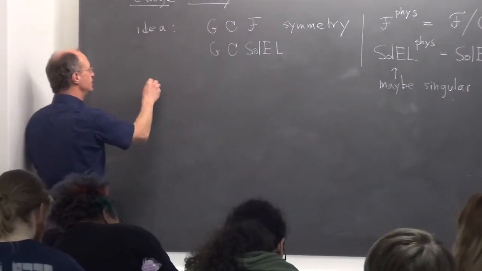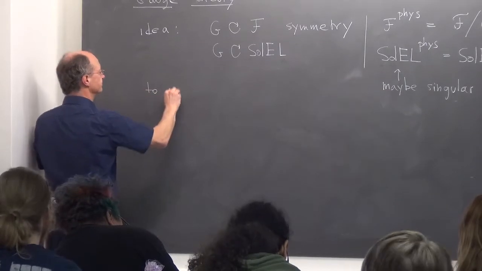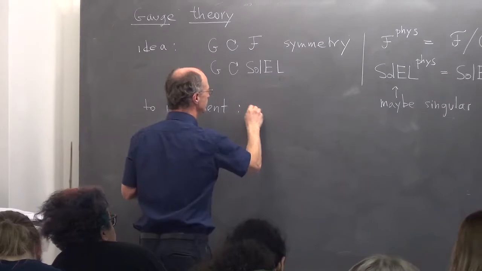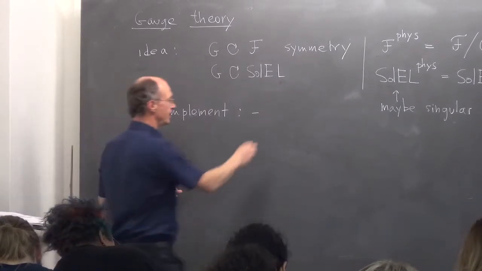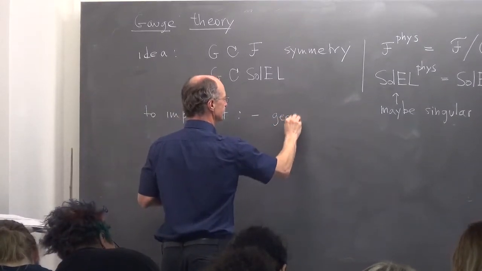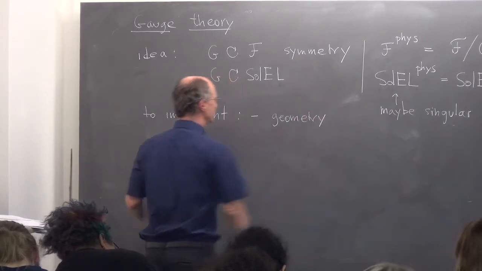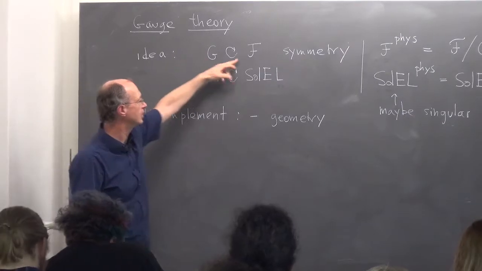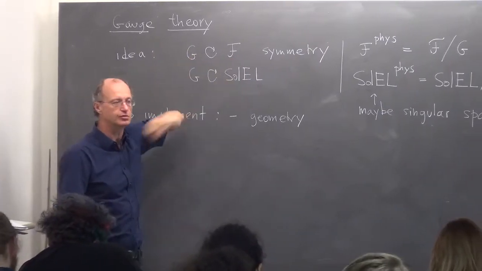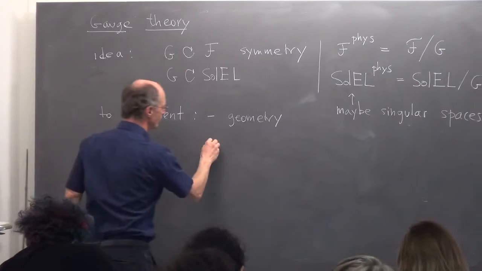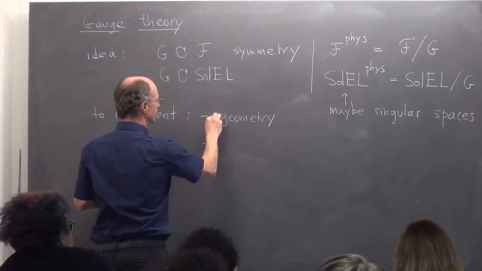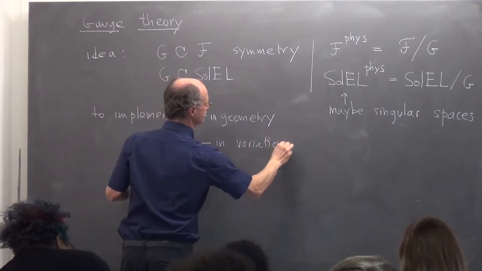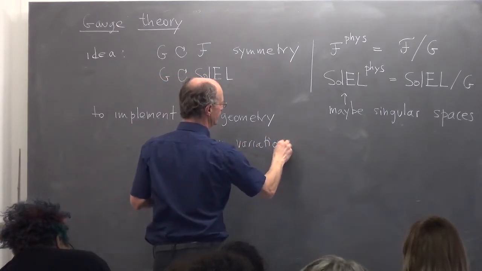So this idea is to be implemented at several levels. In particular, we should say how it works in geometry, say which groups to choose here, what are the actions that we're going to use to build gauge theories, and of course we should say how to implement it in the variational calculus.